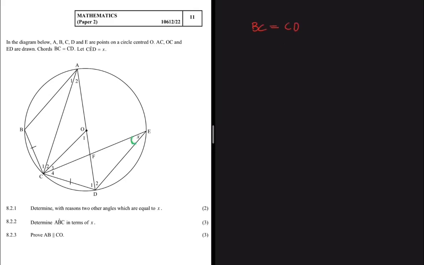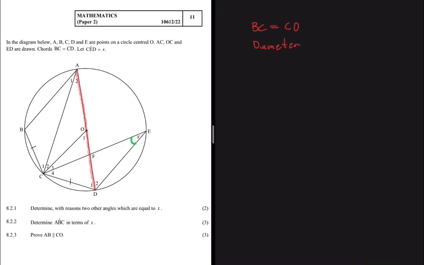Now let's look at our diagram. You will realize that AOD is a diameter. So here in our keywords, let's just write diameter. Why are we writing that down? Because it's important in Euclidean geometry.